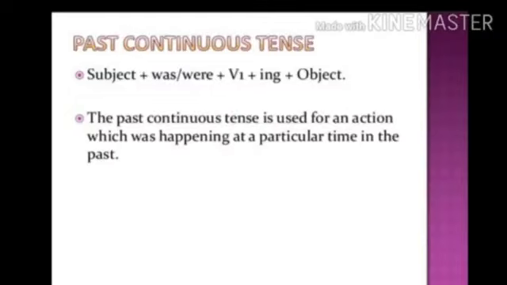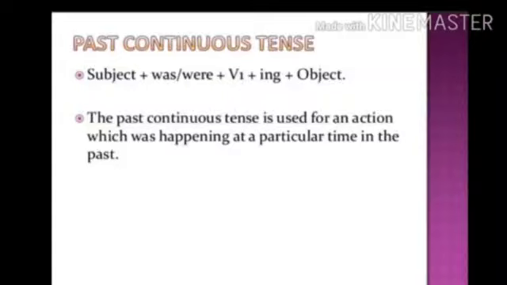Means the past continuous tense is used for an action which was happening at a particular time in the past. Actually, the word continuous will give us the definition. Continuous, it's being in a continuing process. What I'm doing now, I'm explaining, it's continuing, but whether in the past, present or future, that matters much. Okay, and now let us see its structure.